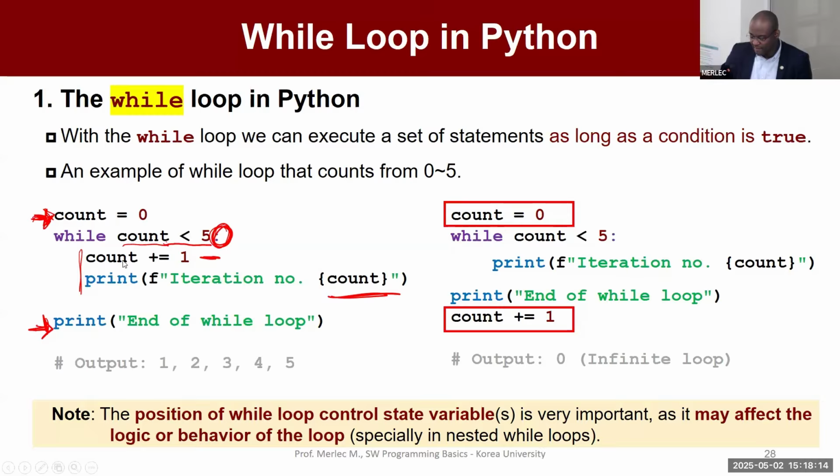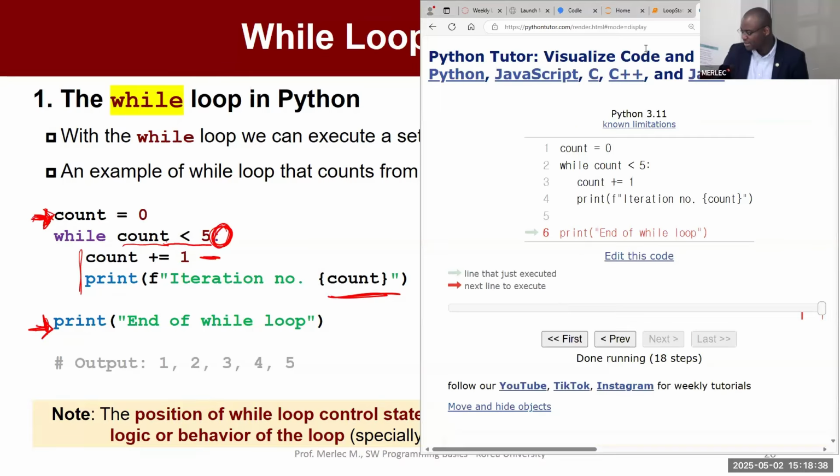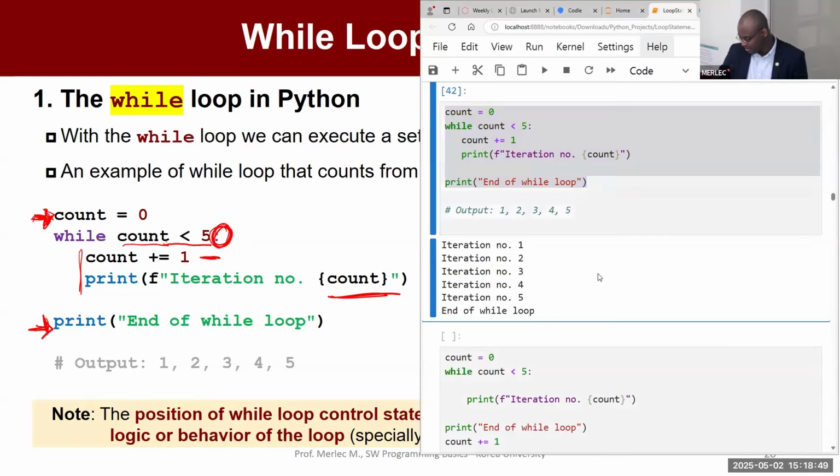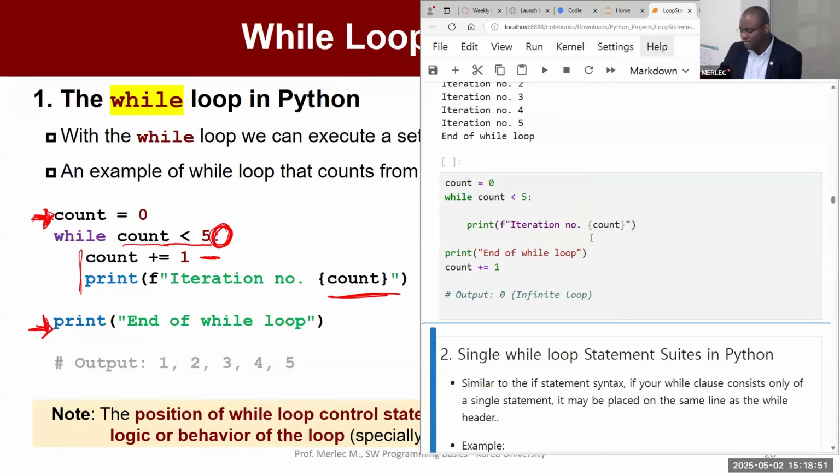And then look here, I've initialized that, and the incrementation was before the print statement. Now, if I put this incrementation statement after the print, outside of the loop, you will see it will affect the logic I would like to implement through this while statement, and it will also affect the result and the behavior of the loop.